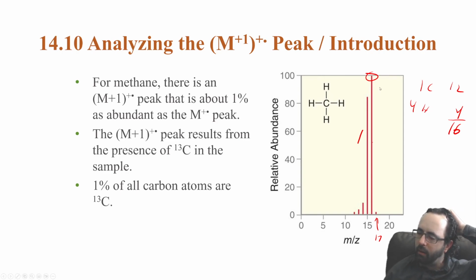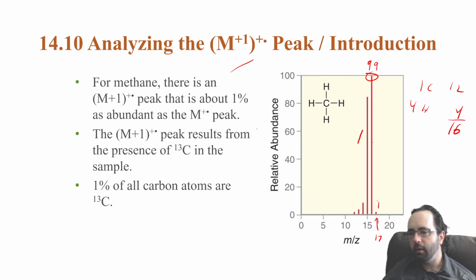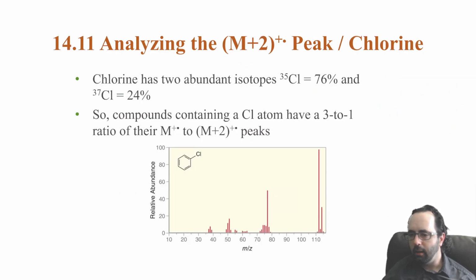You can see it's about 1% of the total height of the other one. So basically, this ratio is 99 carbon-12 to 1 carbon-13, so you get a 99 to 1 ratio. But every time you have an additional carbon in the molecule, you have an additional 1% chance of any of these carbons being carbon-13.